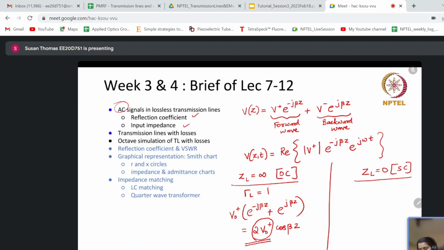Now there is also discussion on input impedance. So let us have a look at Zin.